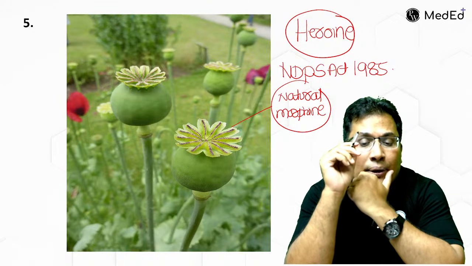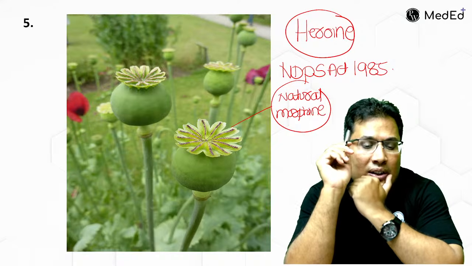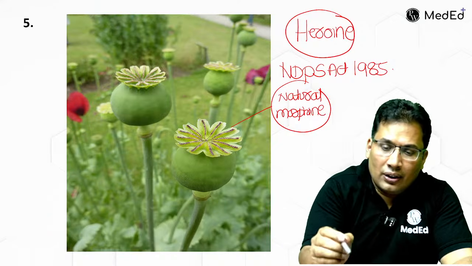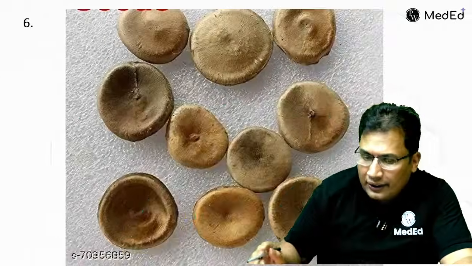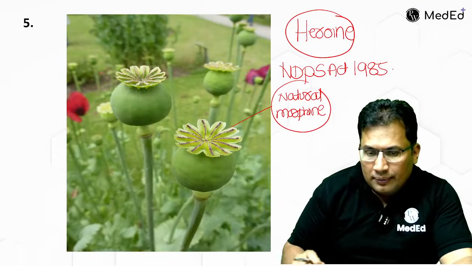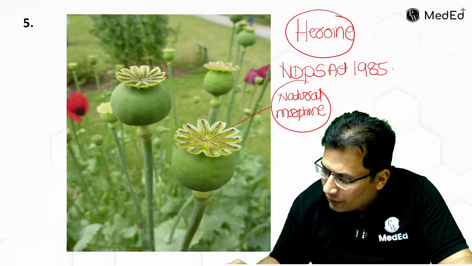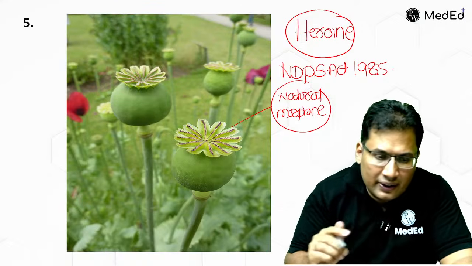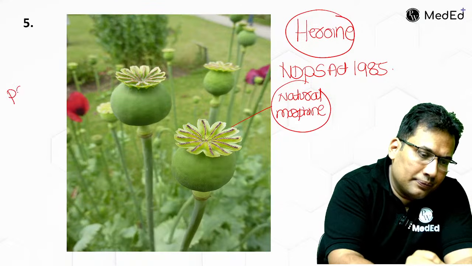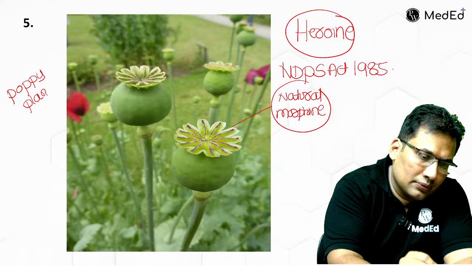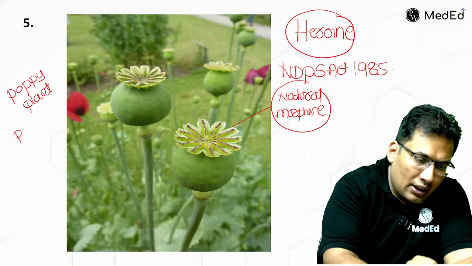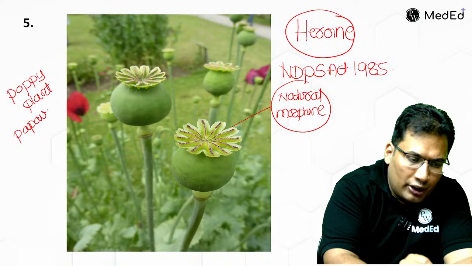So what is this plant known as? What is the medico-legal importance? So yes, plant, guys. Good, many answered. So this is poppy plant. Scientific name is Papaver somniferum.